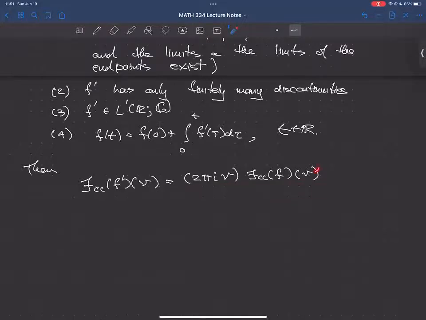Which means that this has to go to 0 faster than nu, if f admits something that looks like a derivative f prime.